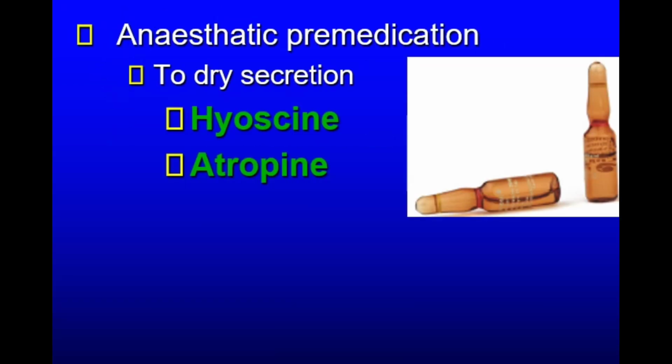Hyoscine and atropine are also used as anesthetic premedication to prevent bronchial secretion induced by inhalational anesthesia. In addition, the mild tachycardia produced by these drugs counteracts bradycardia induced by anesthetic drugs.